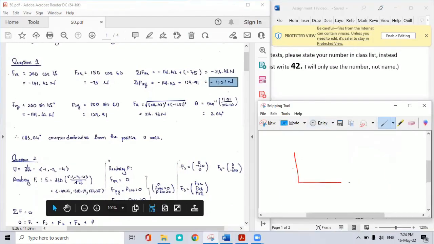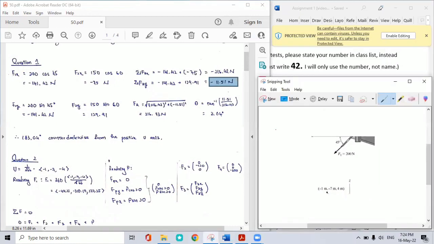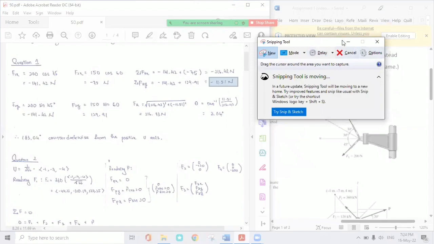If we have a square with sides A and B, and this is C, then C will be equal to the square root of A squared plus B squared. But before that, there is a requirement that A and B have to be perpendicular to each other. So this is the theory behind it.